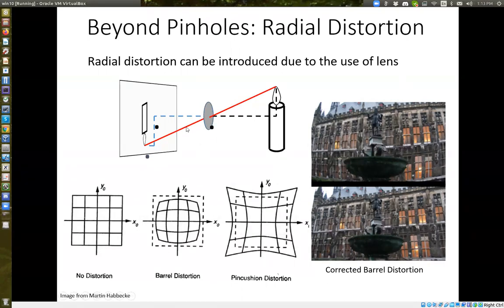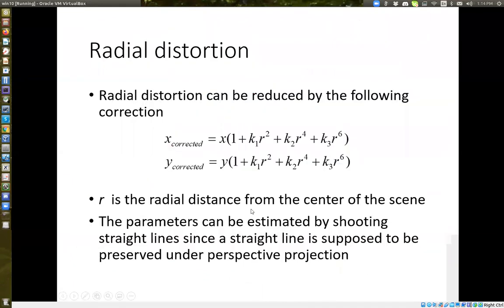Remember last time we said that for the camera matrix, we didn't yet consider radial distortion like this, because the camera matrix model is based on a pinhole camera, right? So it doesn't consider a lens with distortion, like barrel distortion and pincushion distortion. But we can take care of that with an additional correction. After the camera projection, I have coordinates X and Y, and then I can introduce a radial distortion correction.